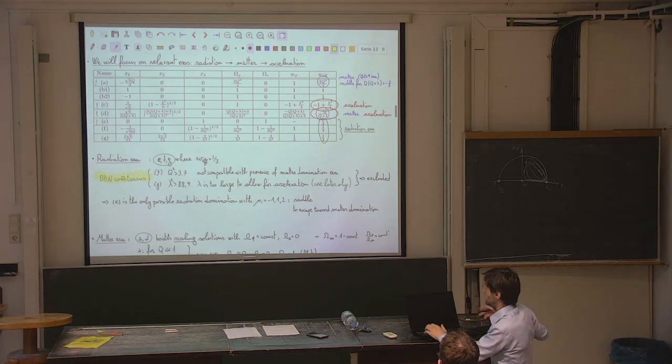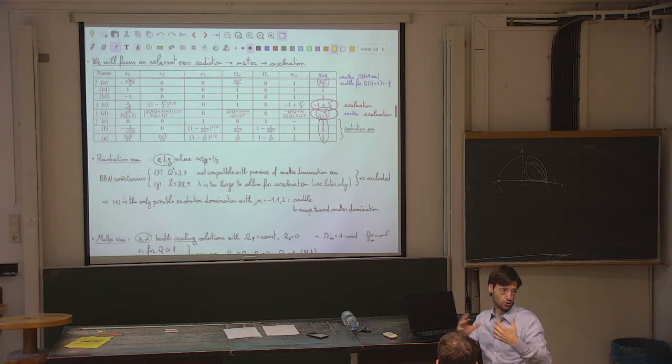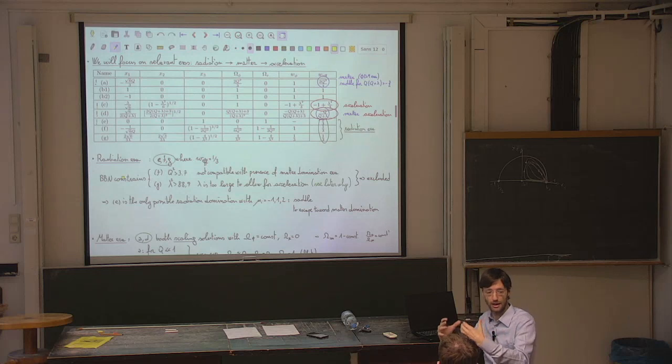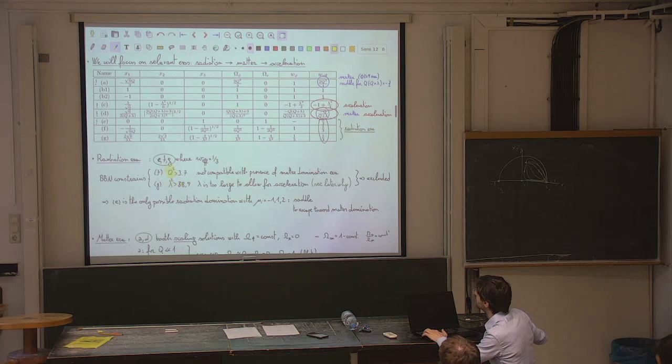So we must last long enough. The radiation epoch cannot be too short, and there are constraints that result on the values of Q and lambda. Big Bang nucleosynthesis tells us that the points F and G are not good points. So these are excluded.